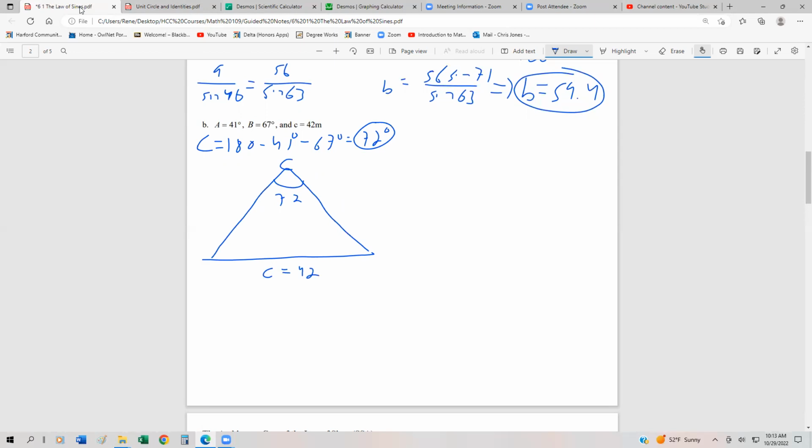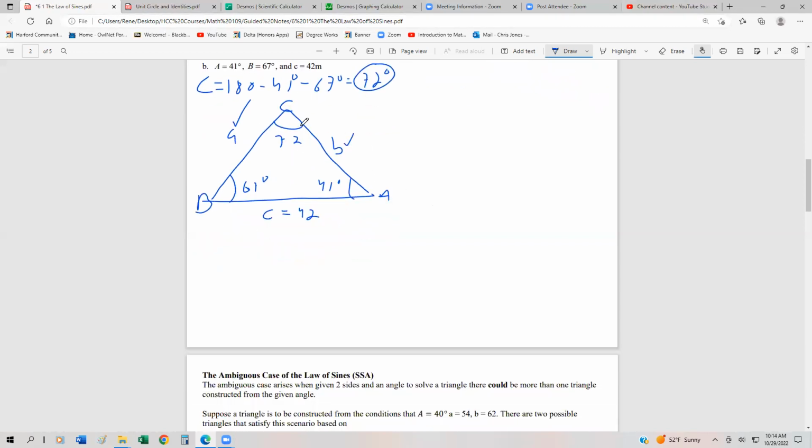And then let's call this angle B, and I'll call this side B, and B was 67 degrees. And then obviously this would be A, and A is 41 degrees, and this is side A. So what we are really tasked with is finding two sides at this point, side B and side A, right? Now we need to use C in our law of sines.